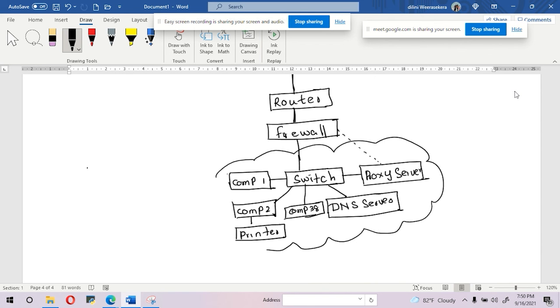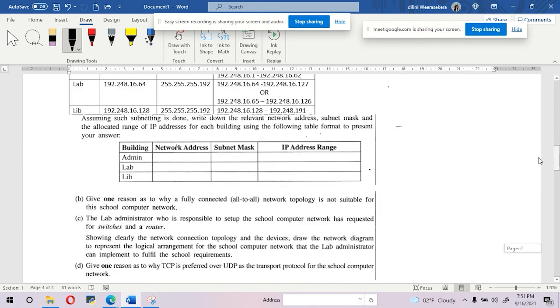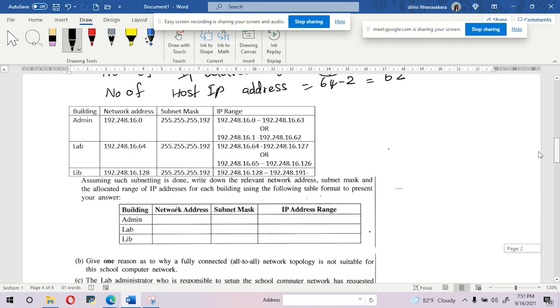This is a lab building. This is a lab network. If you want, you can write our IP address for this subnet, that is 192.248.16. Lab building, we are starting at 64, no?